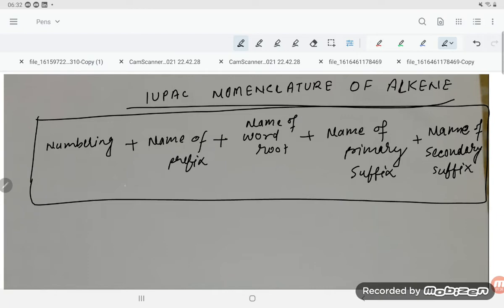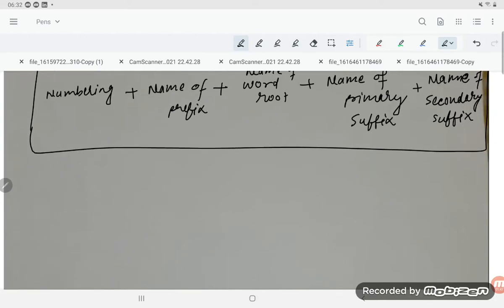So we need to do the numbering first of all, then name of prefix, name of word root, name of primary suffix, name of secondary suffix, right? So dear students, if you talk about the name of prefix, how can you do it? If we have a CH3 group, this will be named as methyl.